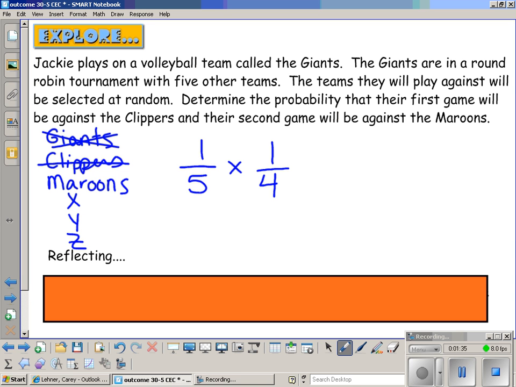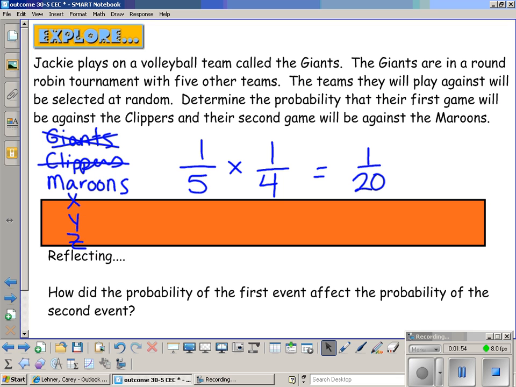So now, because we wanted both of these to occur, it said first against the Clippers and second against the Maroons, we are going to multiply these probabilities together, and we have a 1 out of 20 chance that this will occur. Let's reflect on this.